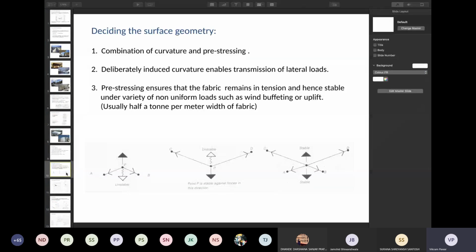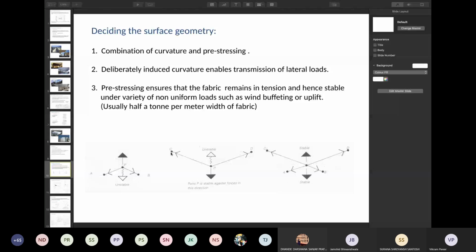Now, the diagrams over here: if these two have lesser stress and this has more stress, obviously this is going to be unstable in this portion, so it will tend to collapse in this direction.